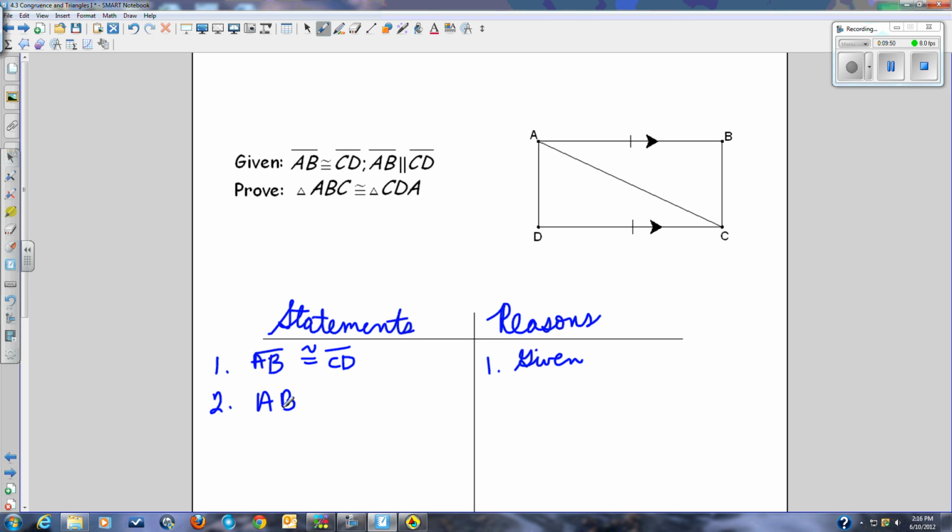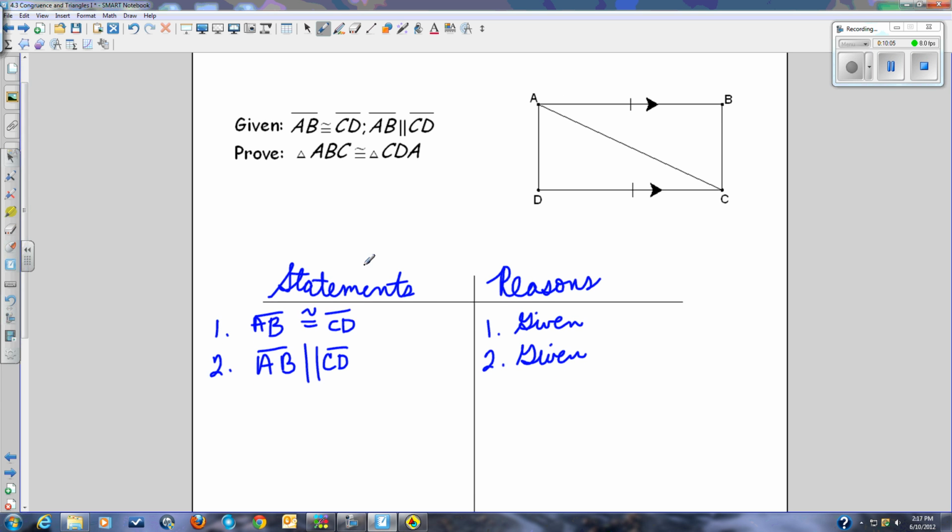Secondly, segment AB is parallel to segment CD. The reason is it is given information. That's what we started off with. And now let's think about it. Statement 3.